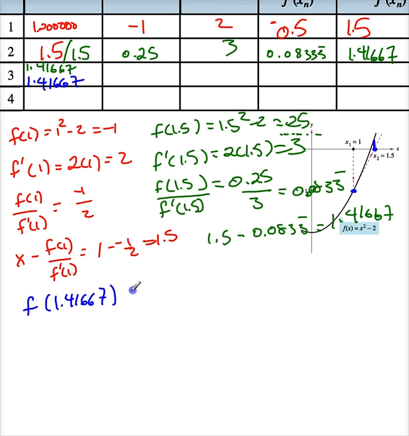And so this is 1.41667 squared minus 2. So this becomes 0.006945.